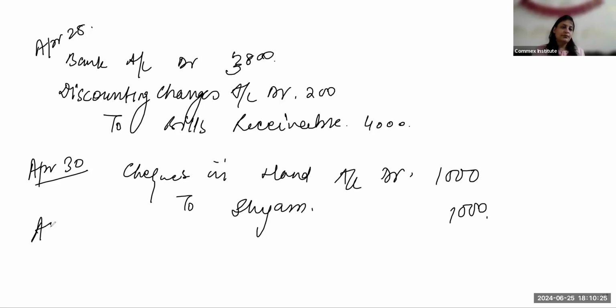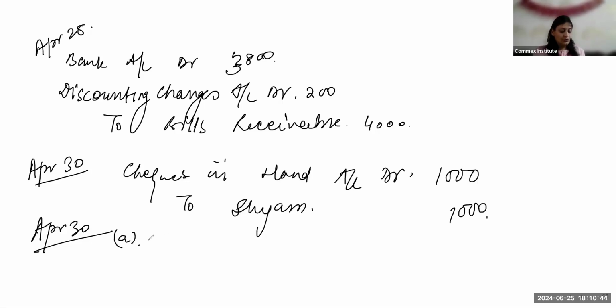April 30th. Goods sold for cash and half the sale proceeds deposited in the bank. Now you can pass it in two parts or you can pass one entry only. First I'll make a normal entry for sales and then I'll make a contra entry.